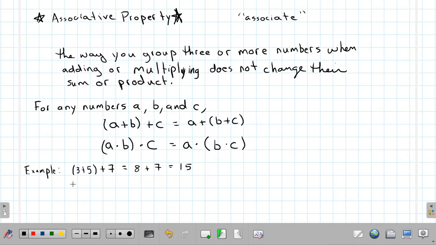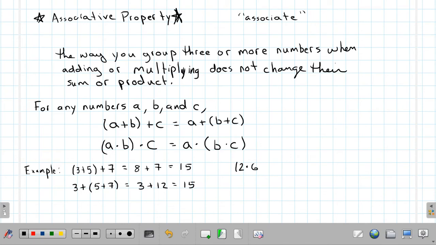Okay, but if we have the 3 and then we add the 5 and the 7 first, order of operations tells us we've got to do the 5 plus 7 first here. That's 12. Well, 3 plus 12, that is also equal to 15. So it doesn't matter if we add the first 2 numbers or the second 2 numbers. If all of this is addition, you're going to get the same number when you add all those numbers together.